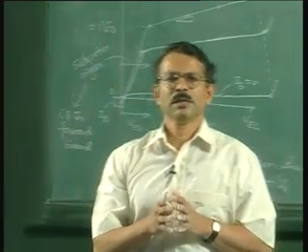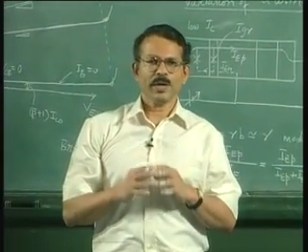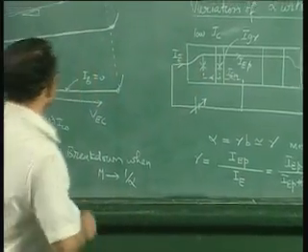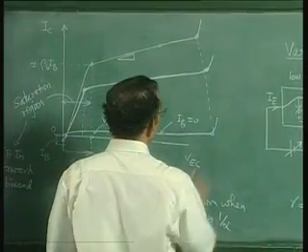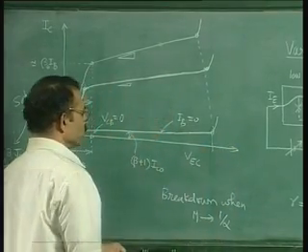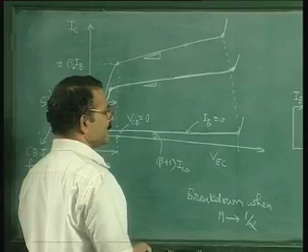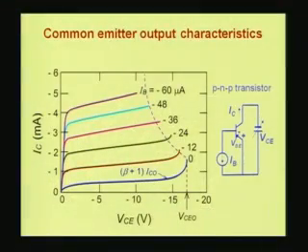Now the breakdown voltage corresponding to IB equal to 0 is called Vceo. Look at this slide again. This voltage is the Vceo.